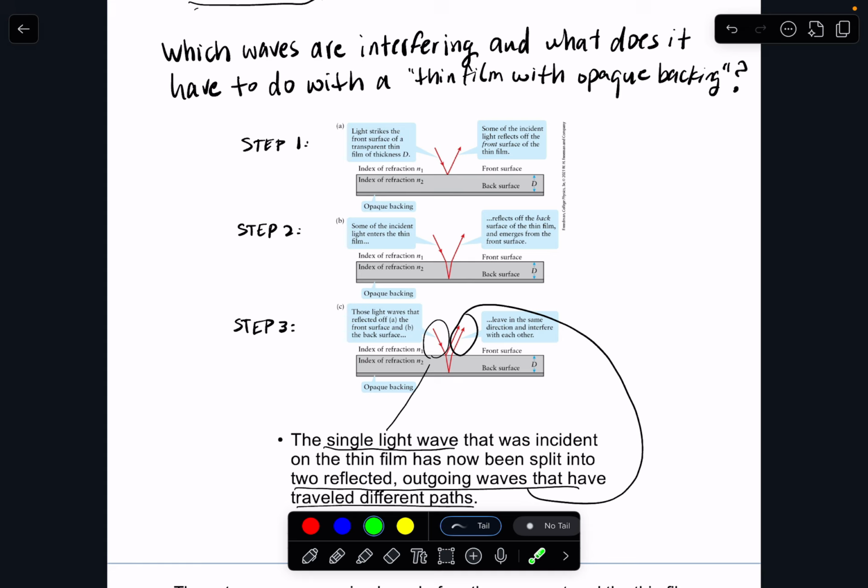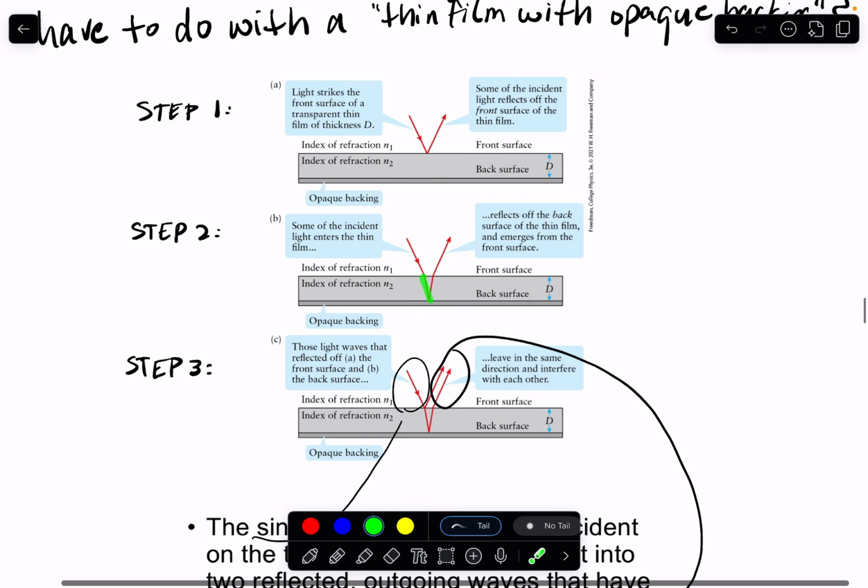And because this is a transparent film, light will definitely refract into it, right? So we're going to have that light wave also refract into it. And it's going to hit the bottom of this film, which is on the top of the opaque surface, and it's going to bounce right back out. And then it's going to refract again when it gets back into the new index of refraction N1.